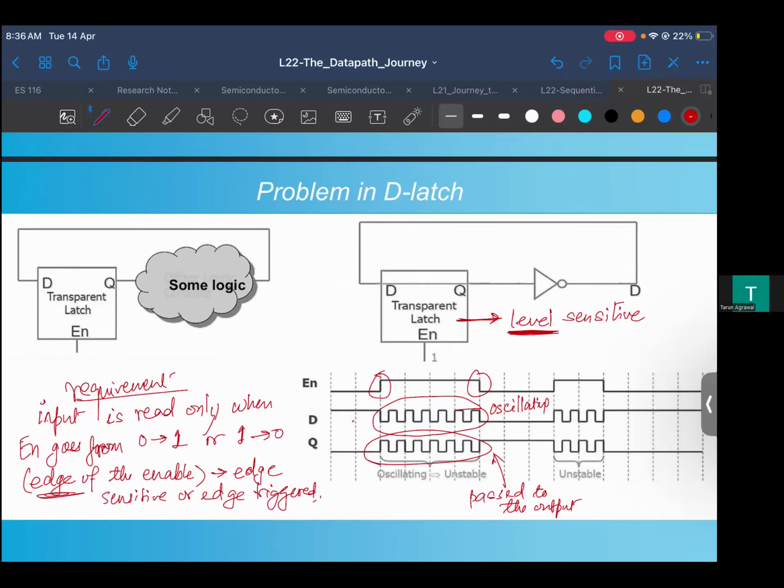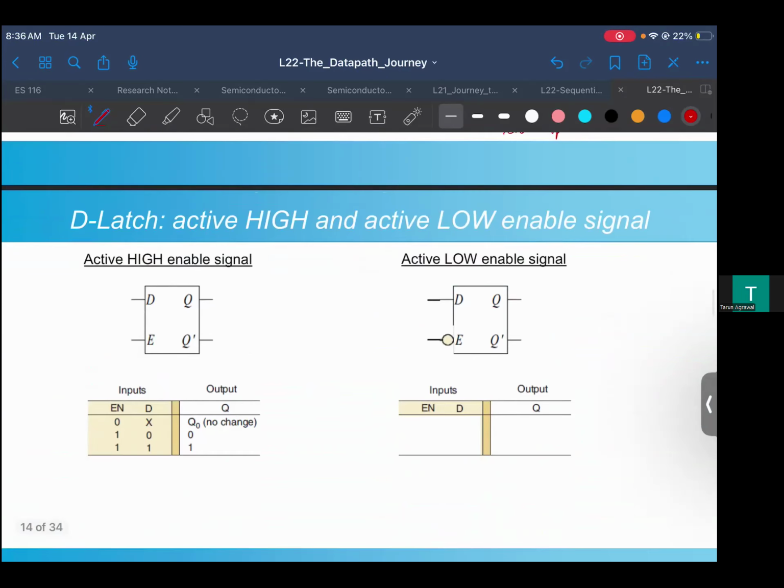To do that, only one trick is needed. When you pass the enable, whenever it is 1, you are reading the data. But I could do this by using two different kinds of latches.